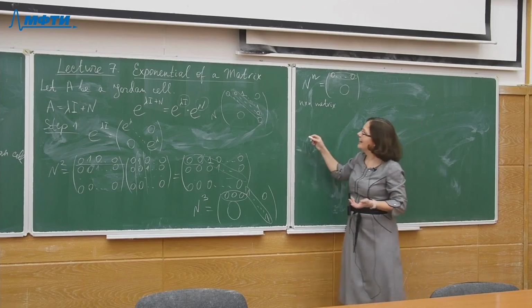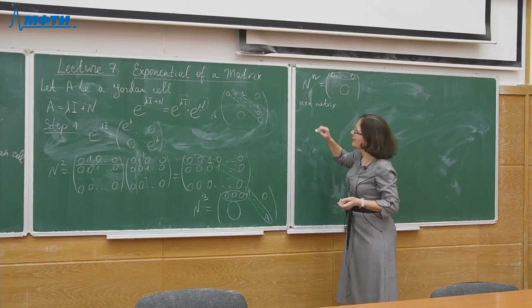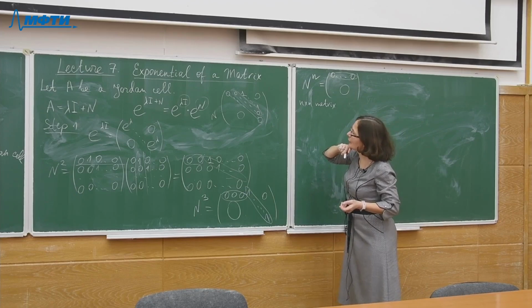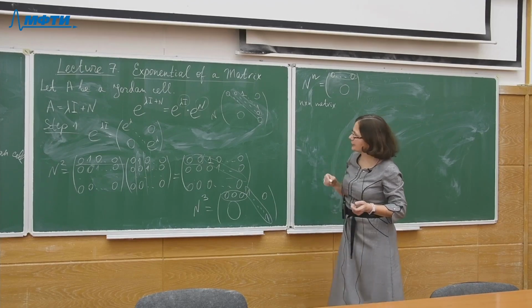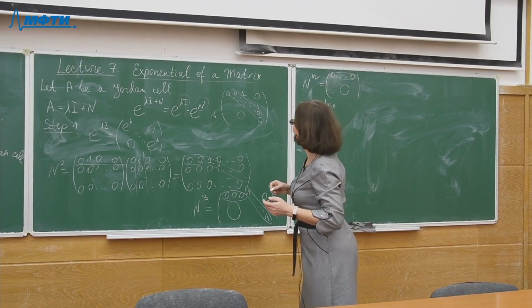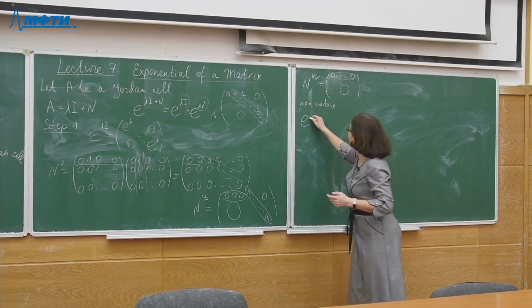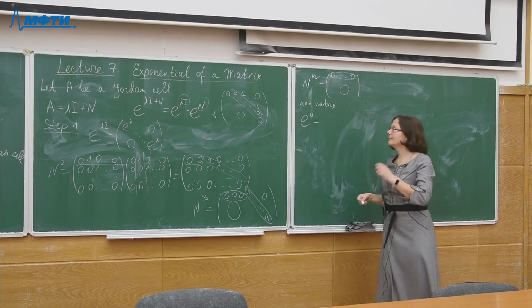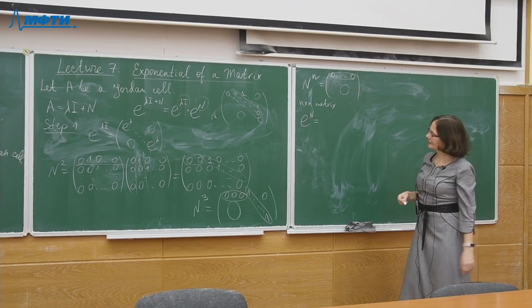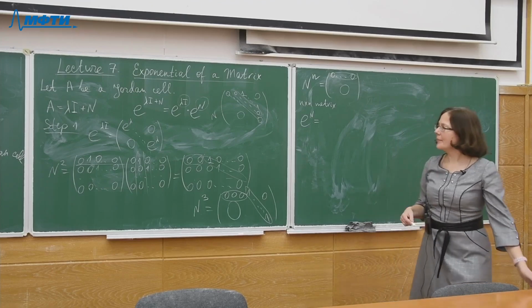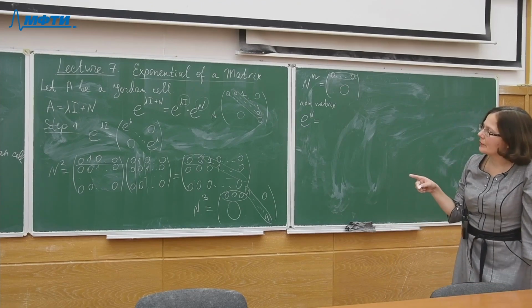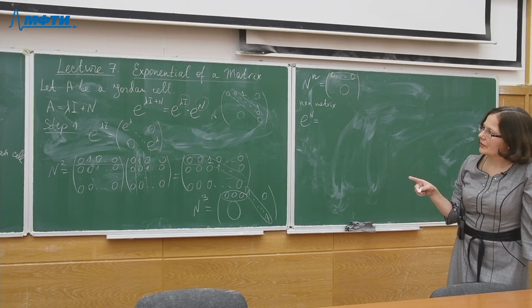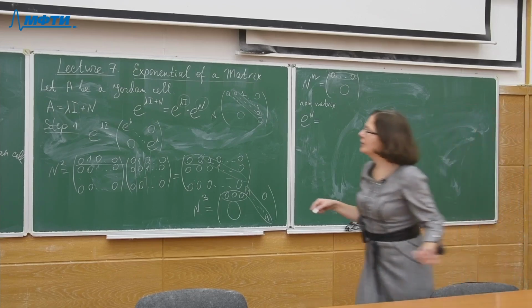Okay, now let's try to find the following. So e to the power n. What is meant by nilpotent? You see, in the definition you said n is nilpotent. Ah, nilpotent.